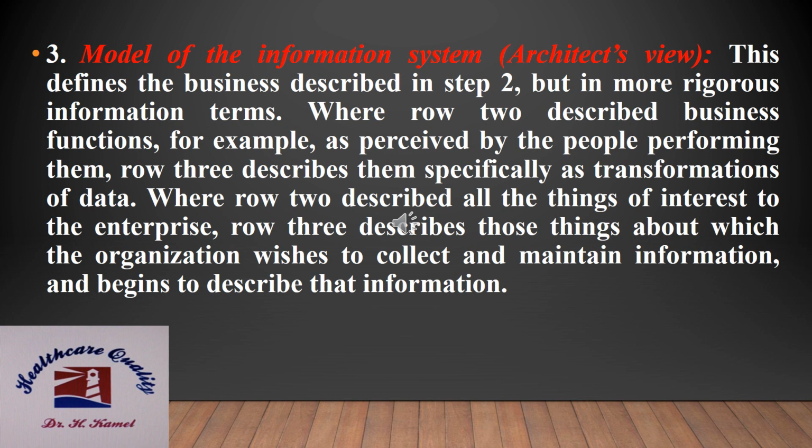Row 3 describes them specifically as transformations of data, where row 2 describes all the things of interest to the enterprise. Row 3 describes those things about which the organization wishes to collect and maintain information, and begins to describe that information.